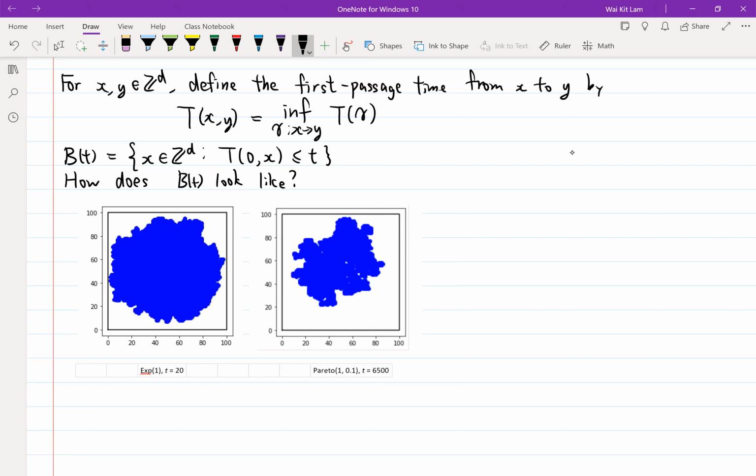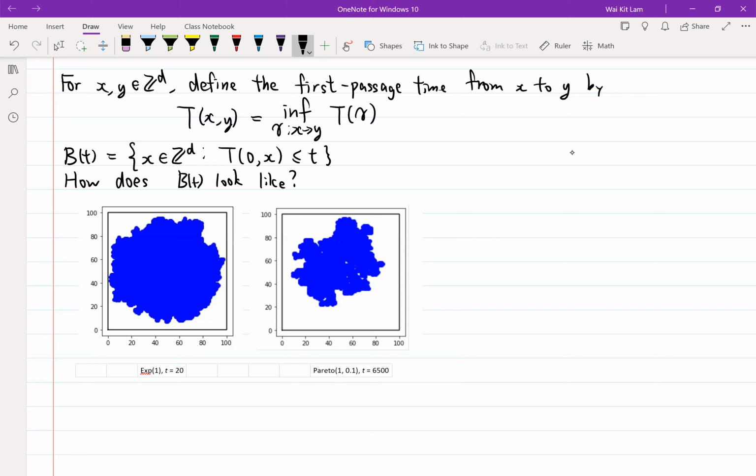Of course, the pictures look different, but they share some similarities. I think one of the main differences is that the picture on the left doesn't contain any holes, but you see the picture on the right contains some holes. This Pareto distribution is a heavy tail distribution.